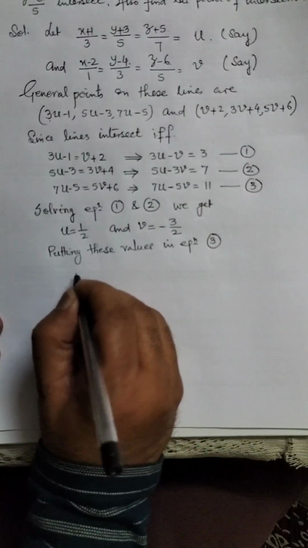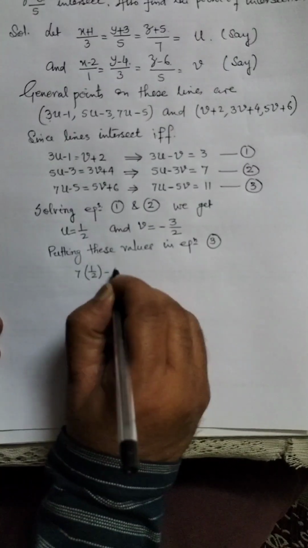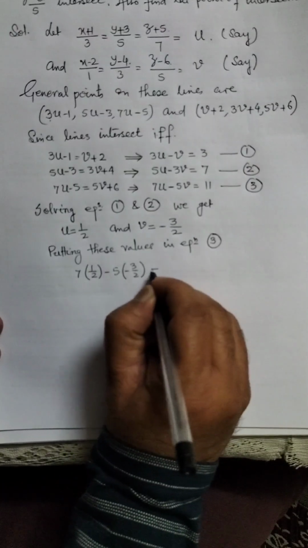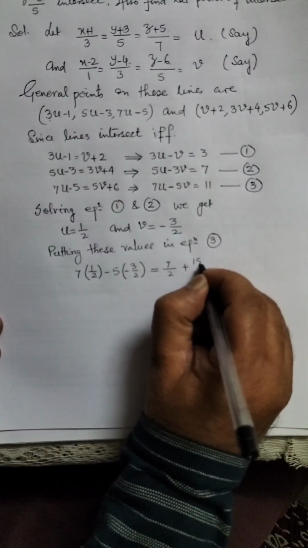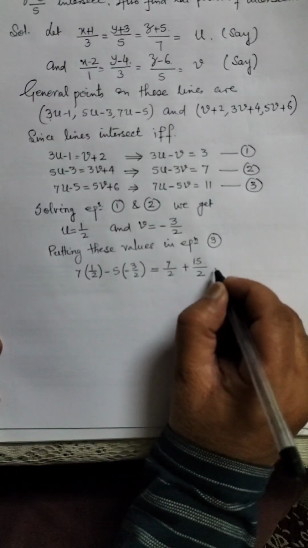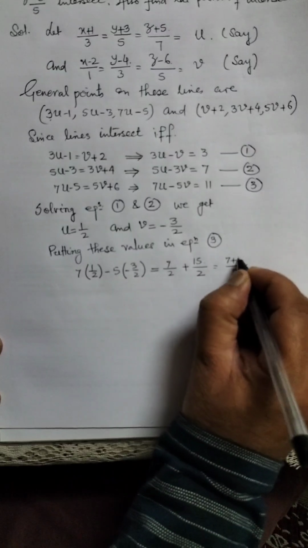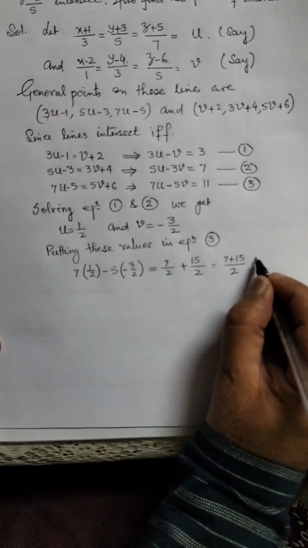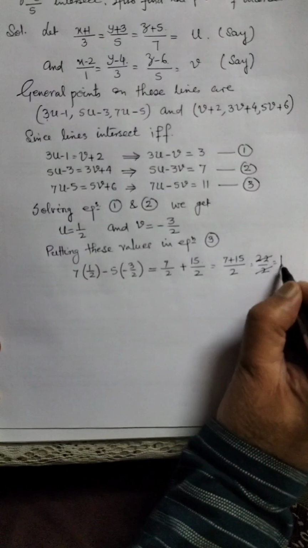It will be 7 times 1/2 minus 5 times -3/2, which is 7/2 + 15/2. This is 2 in denominator, 7 plus 15, and this is 22/2. On cancelling gives us 11.